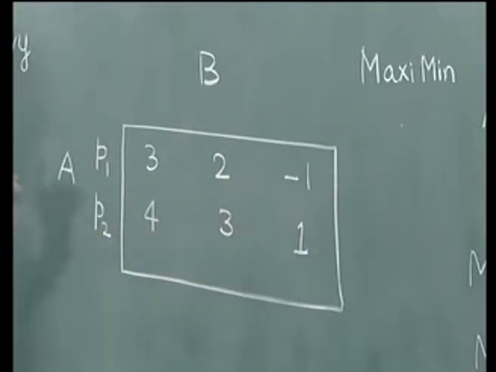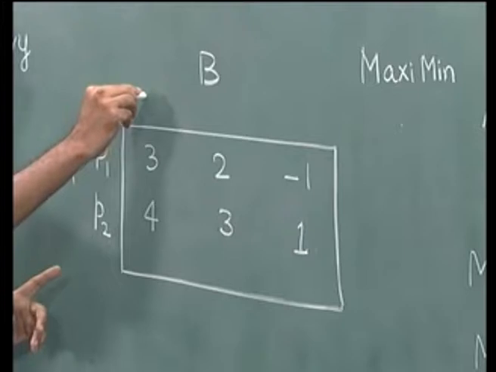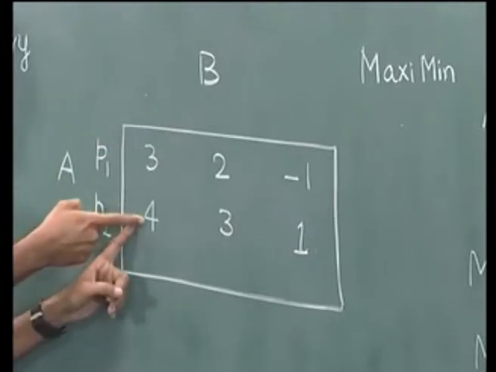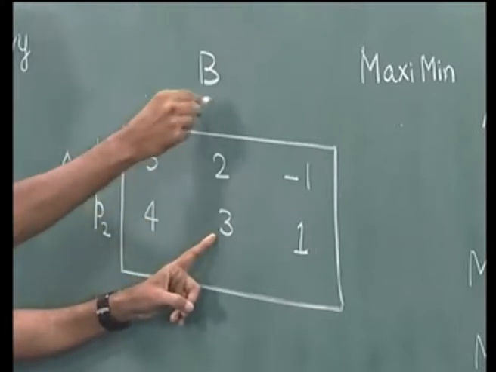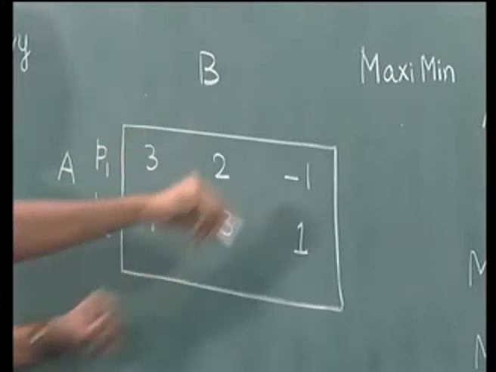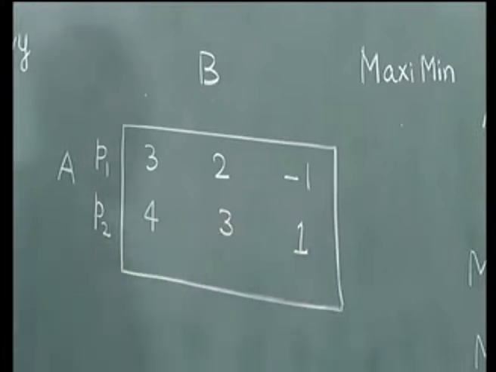So, A will look at these rows or these strategies, and now A will understand that no matter what B plays, let us say if B plays this, then A between the two will only play this because this gives more profit. Similarly, if B plays this, A will again play this, if B plays this, A will again play this.